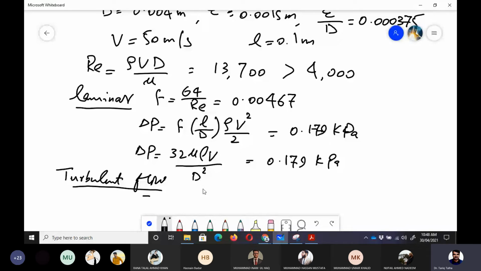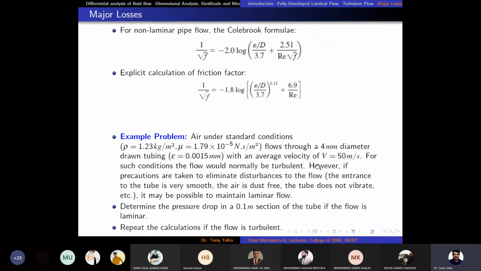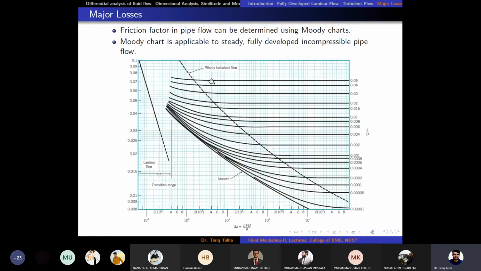Either we use this function of Reynolds number and epsilon upon d, or we can use the Moody chart. We know the epsilon upon d value is 0.000375. So now either we can use these relations or we can use this Moody chart.